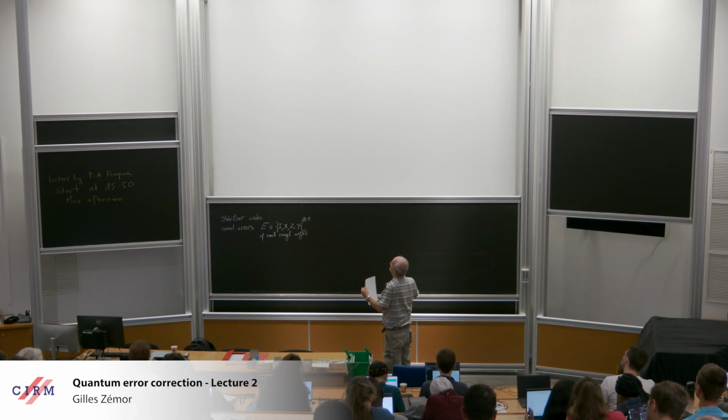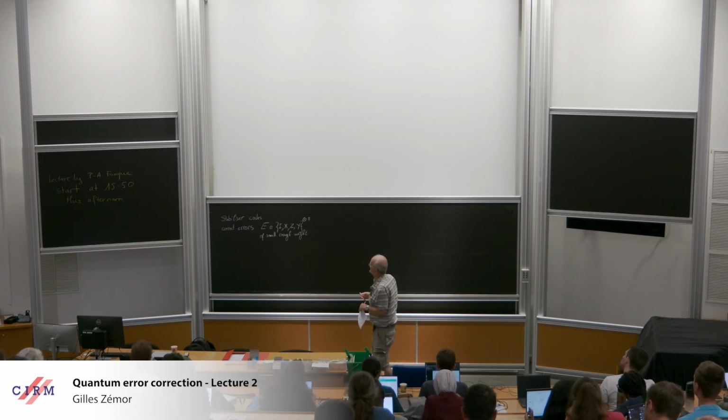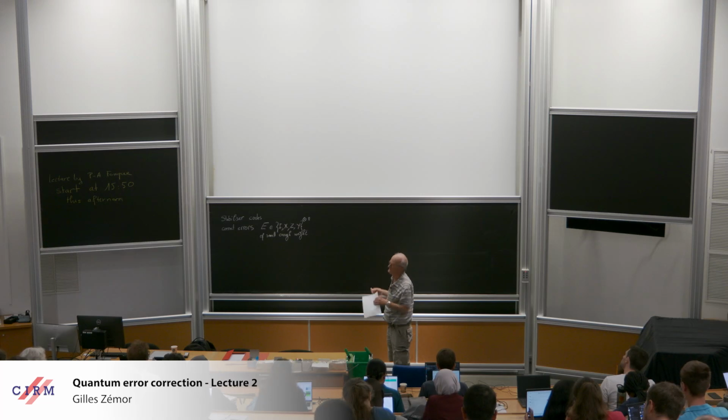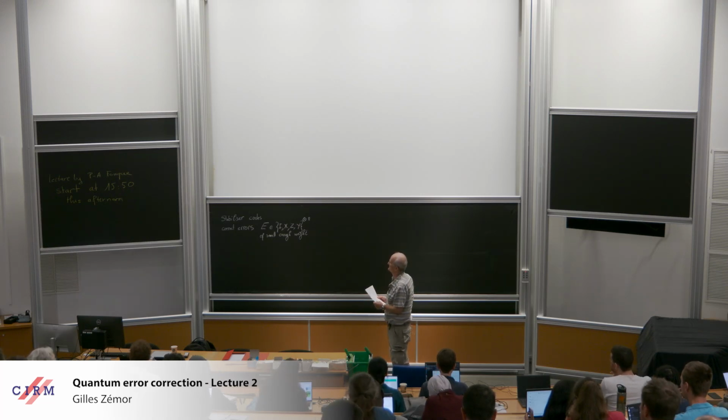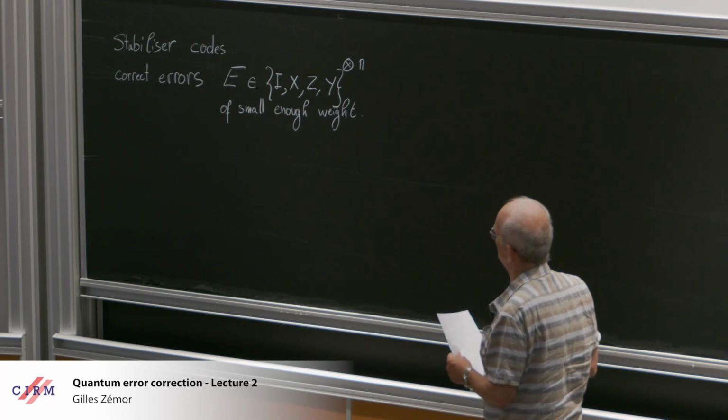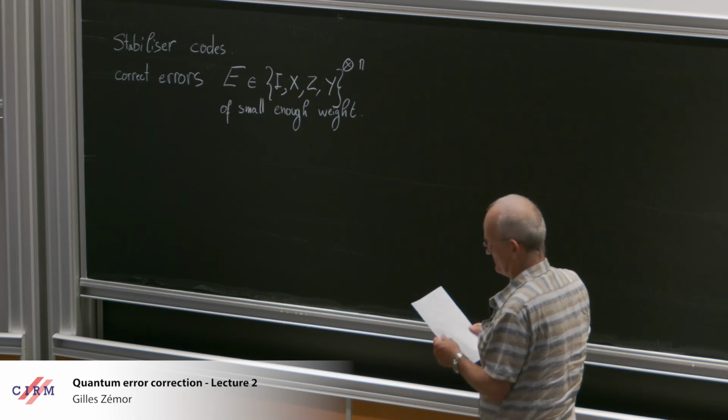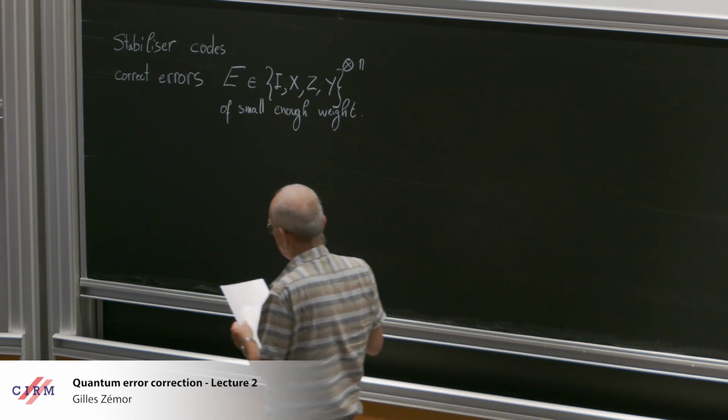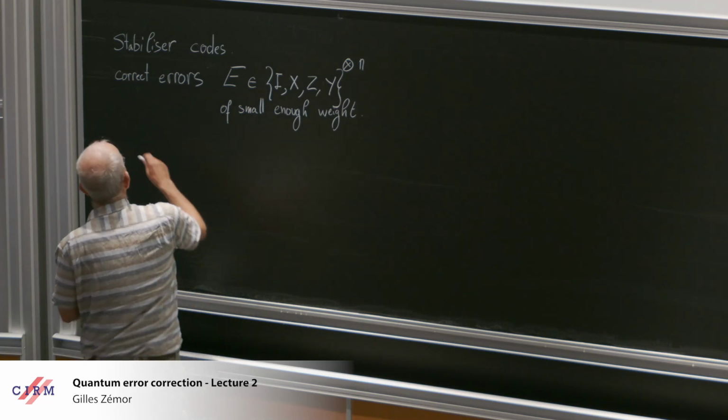We don't expect to correct all possible error patterns, but we're hoping to be able to correct all error patterns of small enough weight. Okay, so what is the strategy?